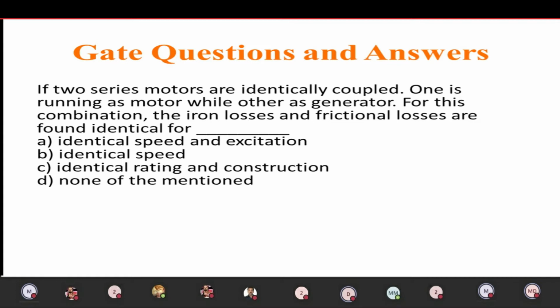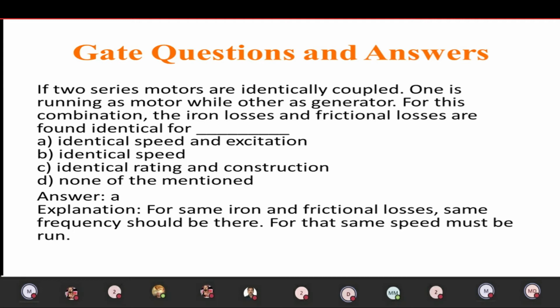The answer is A, for the same iron and friction losses. The same frequency should be there, and the same speed must be there, so that we have identical speed and excitation.